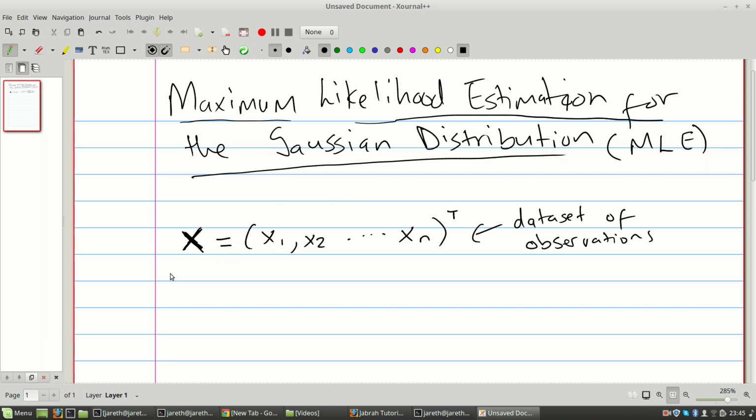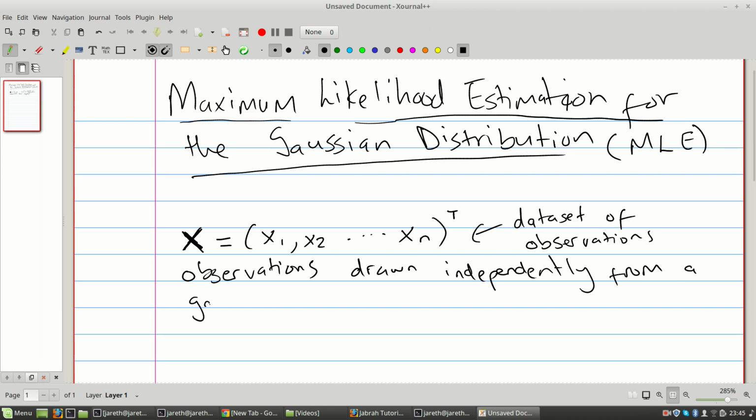So we're told that the observations are drawn independently from a Gaussian distribution.